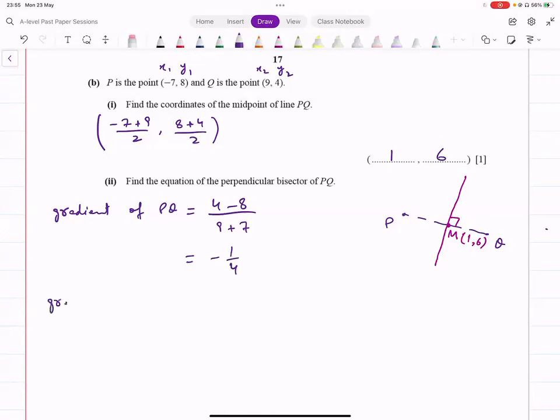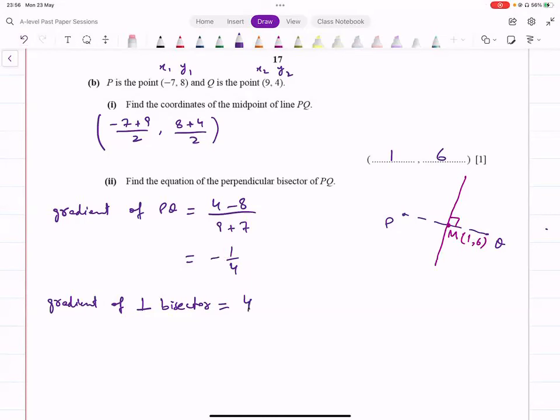What about the gradient of the perpendicular bisector? Perpendicular lines का gradient क्या होता है? एक दूसरे का negative reciprocal होता है. So if you've got one gradient here, तो perpendicular का gradient क्या हो जाएगा? इसका negative reciprocal. तो एक sign change कर देंगे और इसका reciprocal ले लेंगे. तो ये minus है वो plus हो जाएगा और इसका reciprocal it's going to be 4.